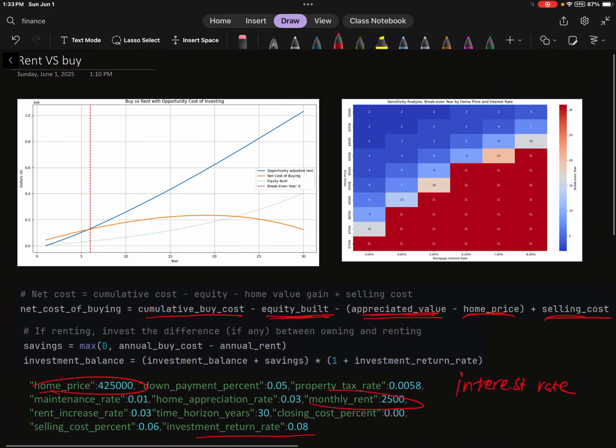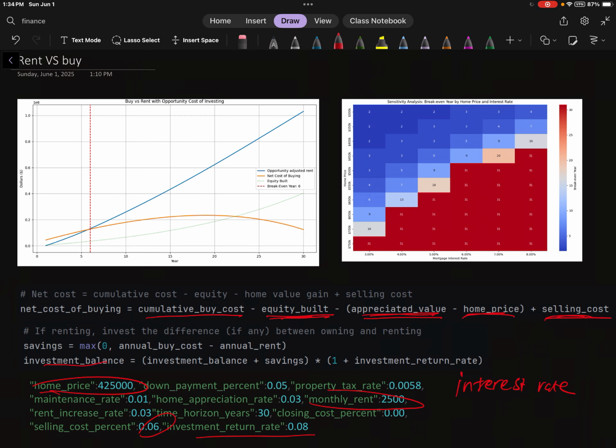Selling cost: as of now, it will cost you 6%, paying both the buy side and sell side. And the opportunity cost is that you could save the down payment and put it in, say, the S&P 500, or put the monthly rent difference in the S&P.